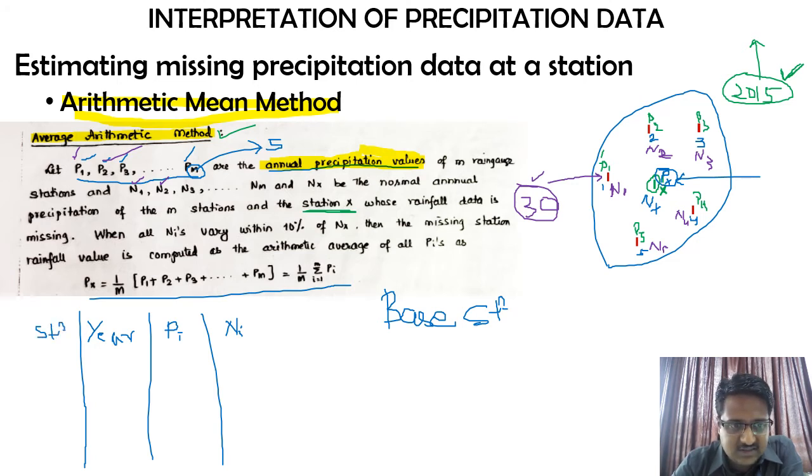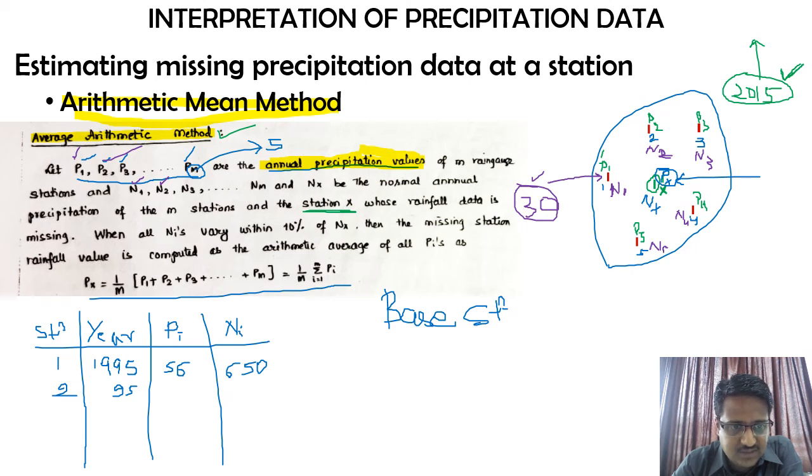Keeping this in mind, station number 1, let us say 1995. I'm just writing a random year number. pi is, let us say, 56 mm, imagine the unit is mm, and the ni value is, let us say, 650 mm.